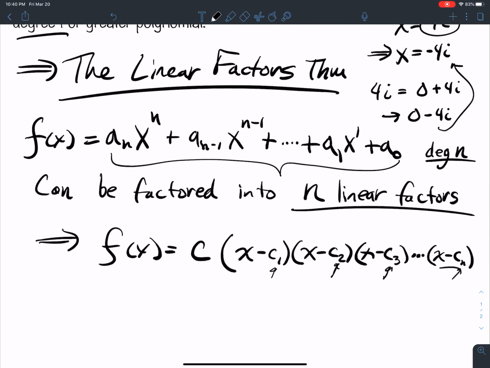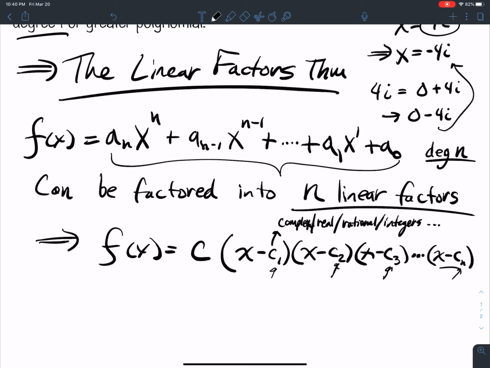Okay, and then these c's could be complex numbers. They could be real numbers. They could be rational. They could be integers, natural numbers, so on.